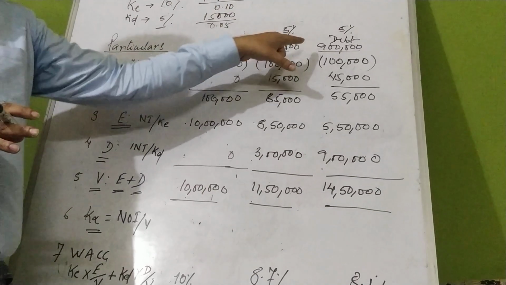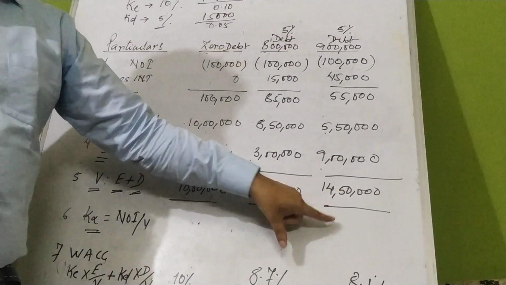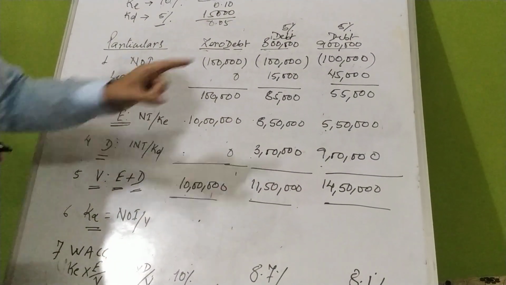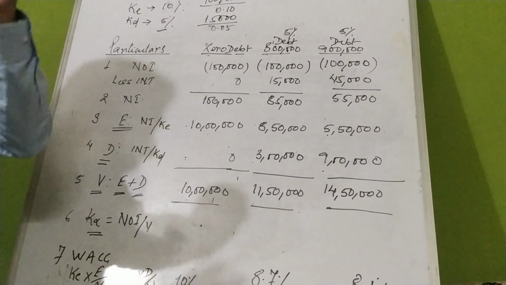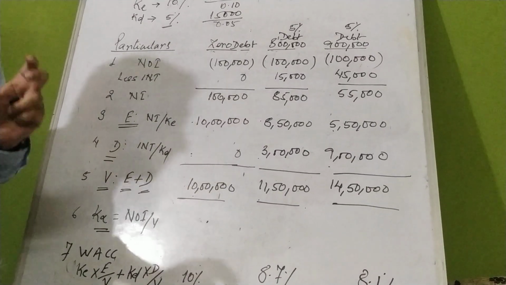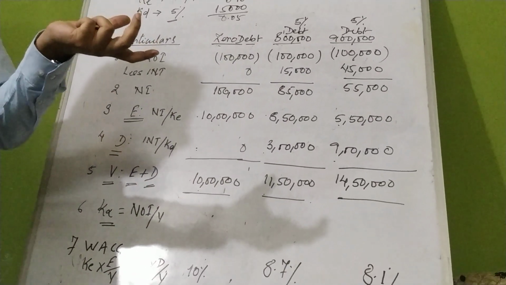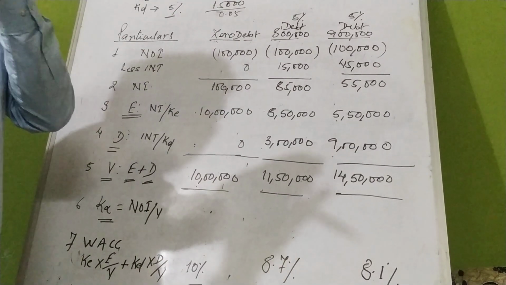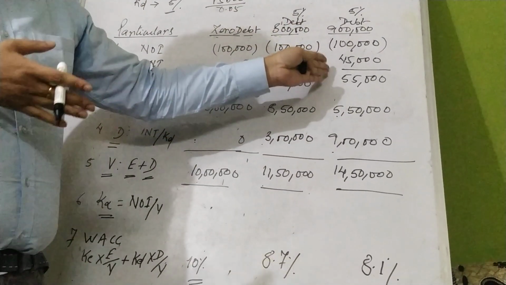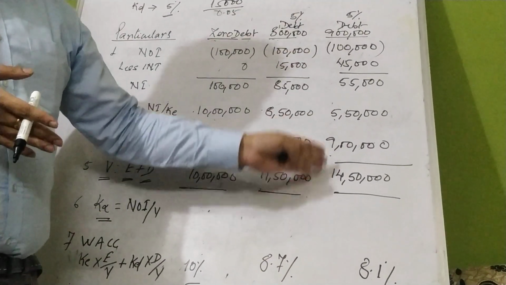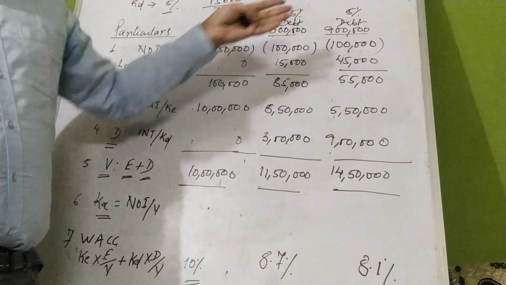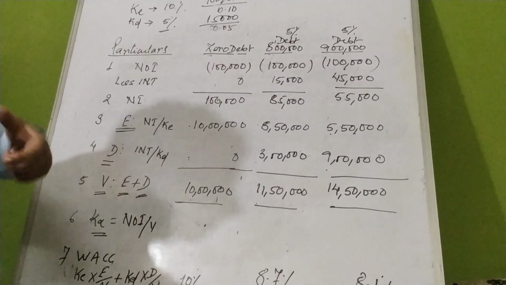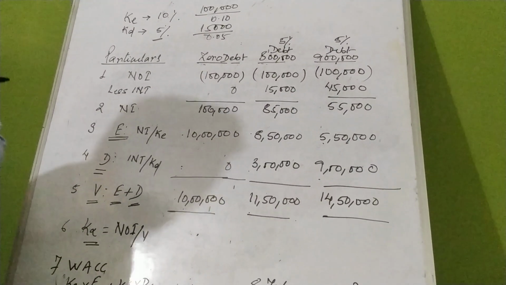When more debt is used, the value of firm rises, and you know the secret why it rises: when you are using more debt funds, the number of shareholders decreases and the dividend per shareholder will increase. That's why investors will be attracted to invest in a company that has more debt in its capital structure. By doing this, they will be able to increase their dividend earning from that investment.